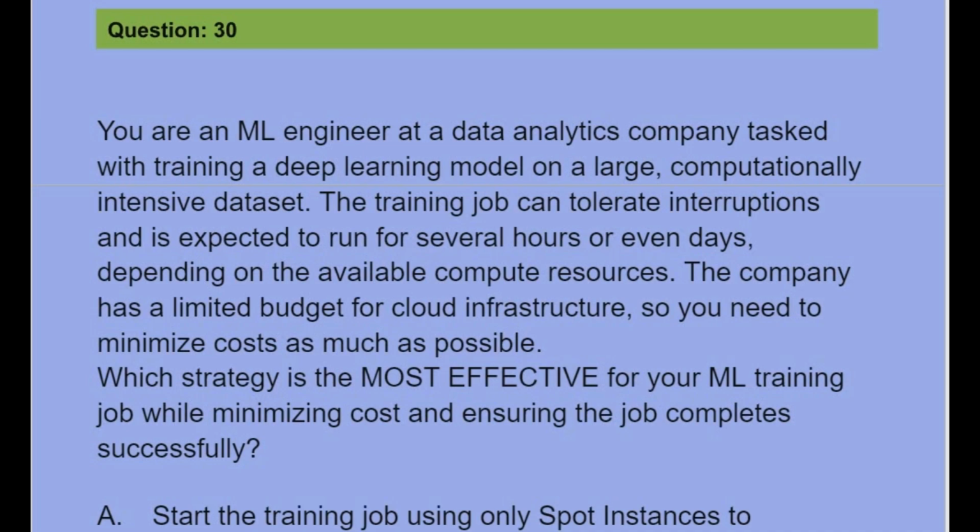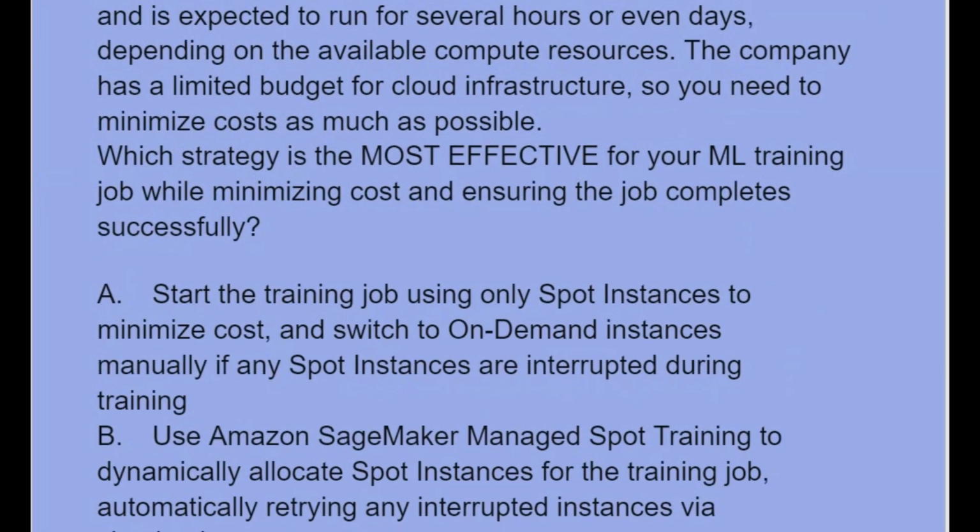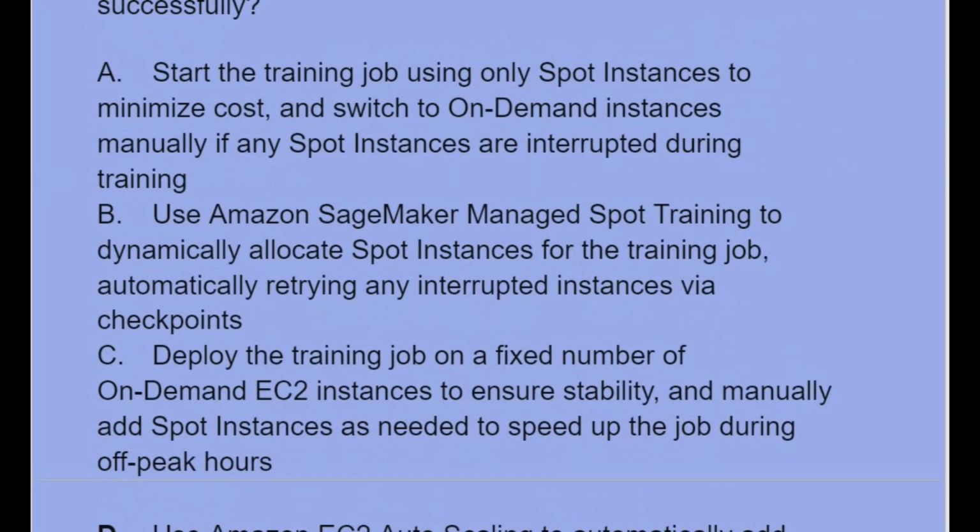completes successfully? Option A, start the training job using only Spot instances to minimize cost, and switch to on-demand instances manually if any Spot instances are interrupted during training. Option B, use Amazon SageMaker managed Spot training to dynamically allocate Spot instances for the training job, automatically retrying any interrupted instances via checkpoints.